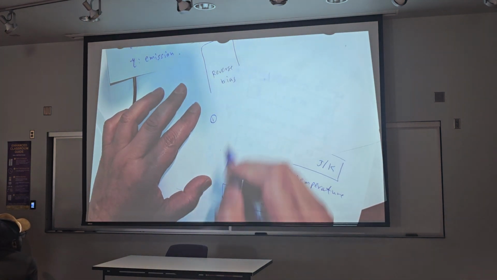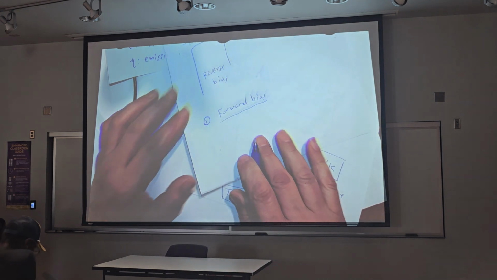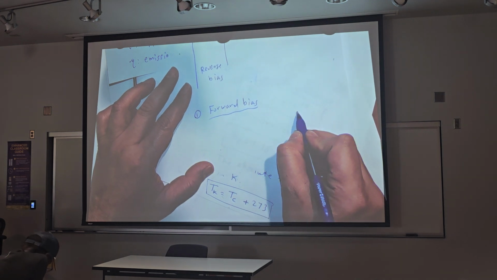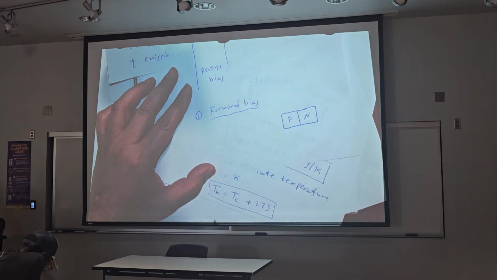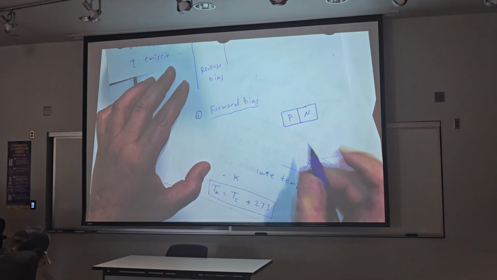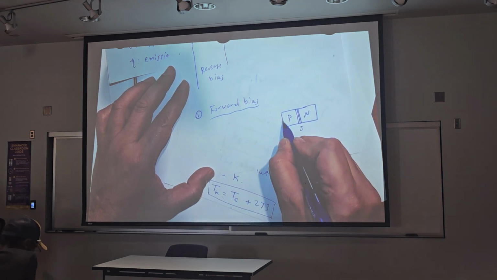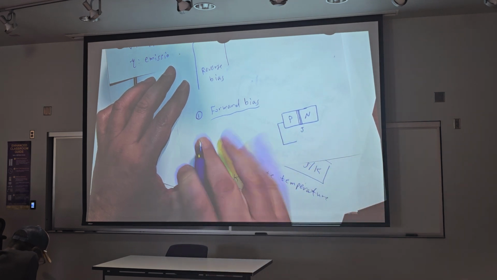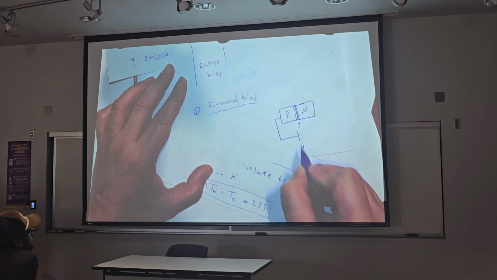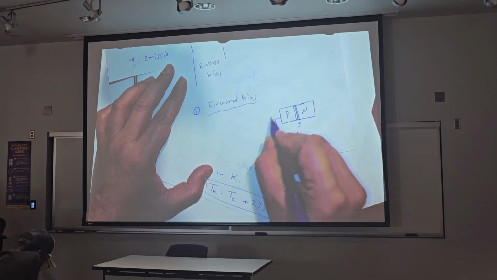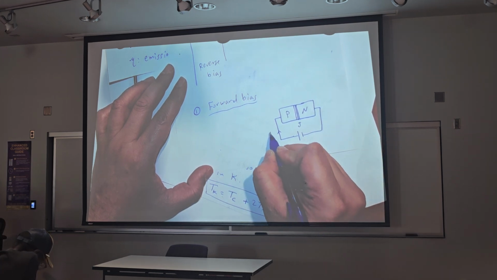First region, forward bias. Forward bias means this PN diode, and this is the junction J. We suppose the diode is in forward bias, so the positive of the DC volts is connected to P and negative connected to N. So the current will flow as I diode.